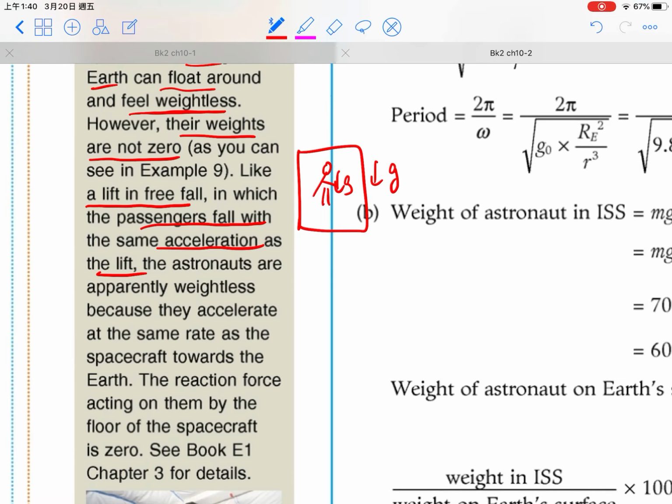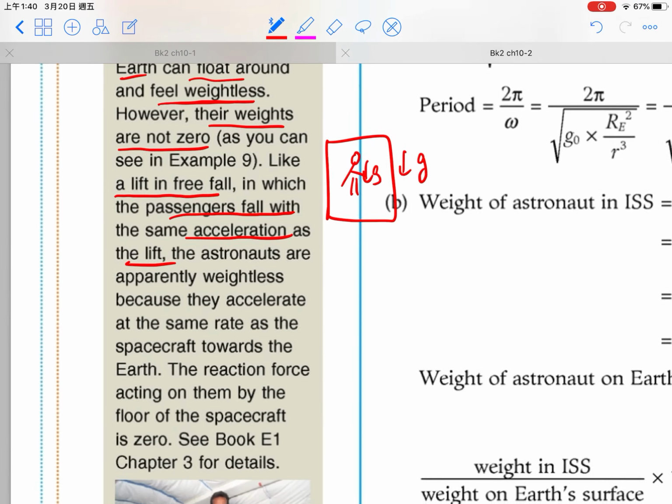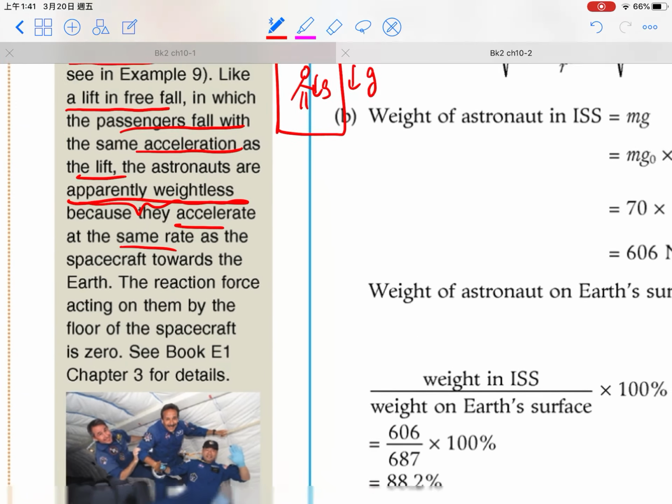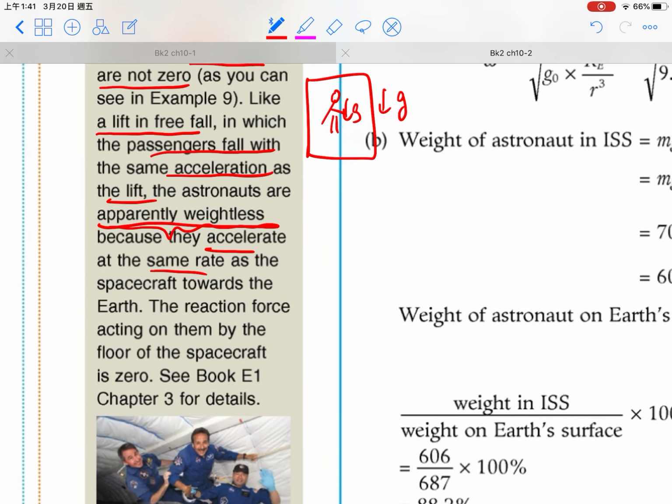So there will be no relative motion between the lift and the passenger, so there will be no normal force acting on the passenger. So the passenger will become weightless. It is apparent weightlessness, because they accelerate together.